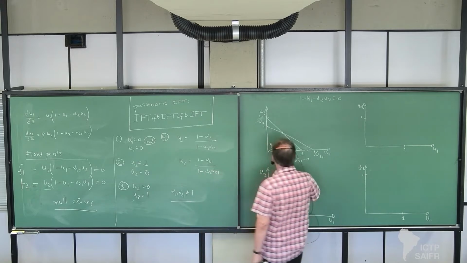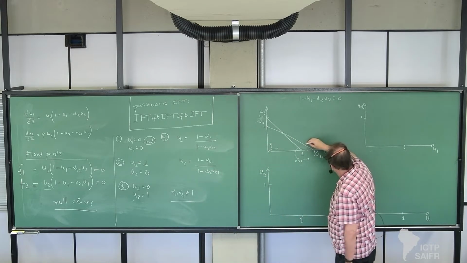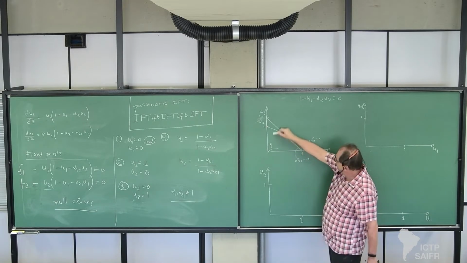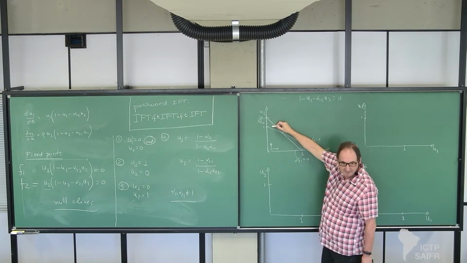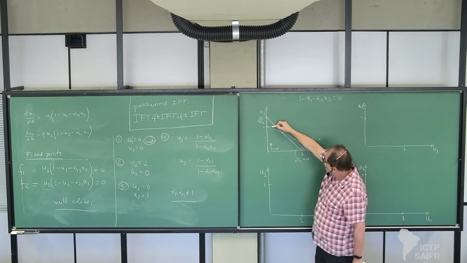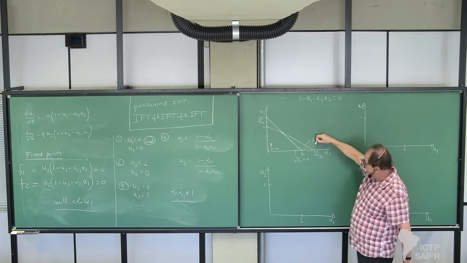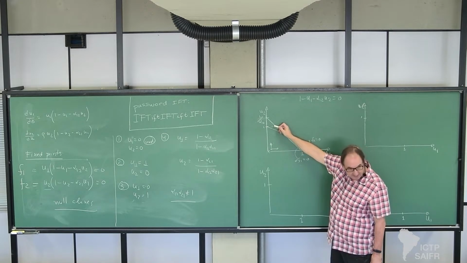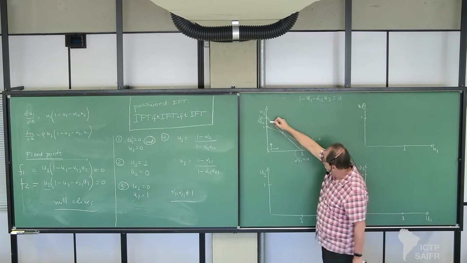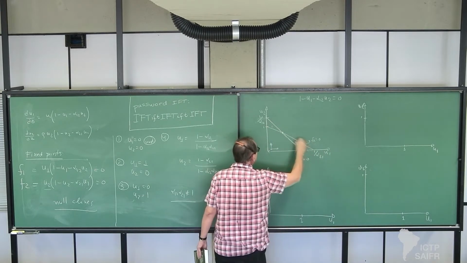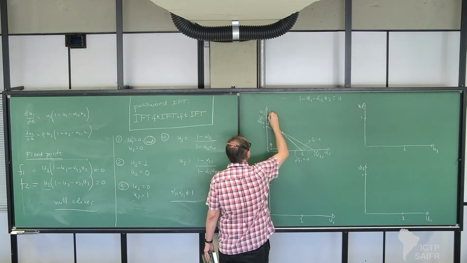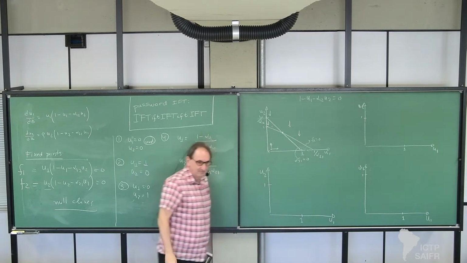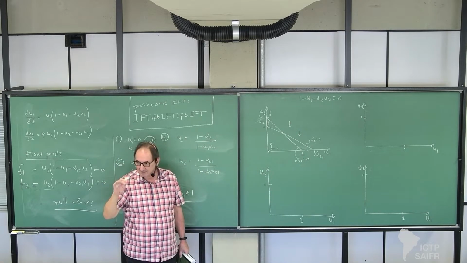Now, when I cross this line here, I cross the line F2 equal to 0. It was positive. If I cross the 0 line, it has to be negative. Therefore, here and over this line, you have a tendency to decrease. Okay?